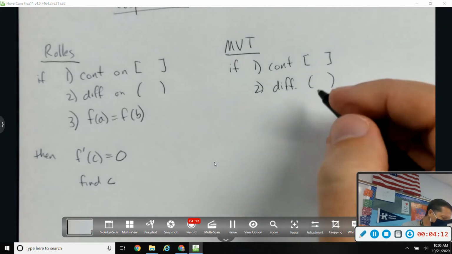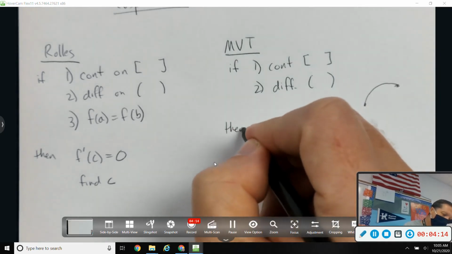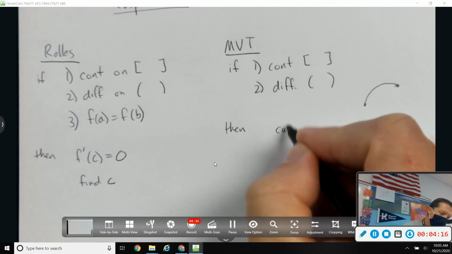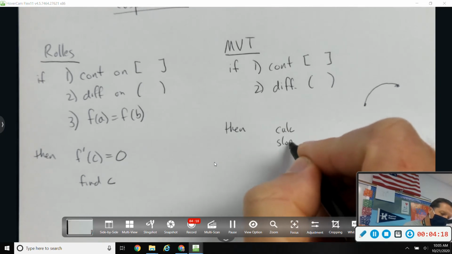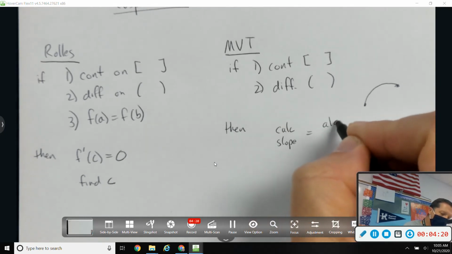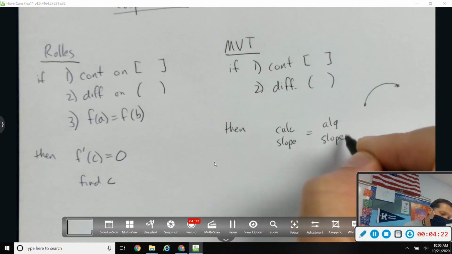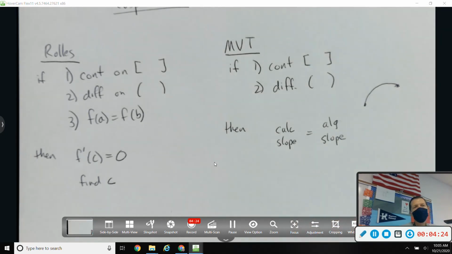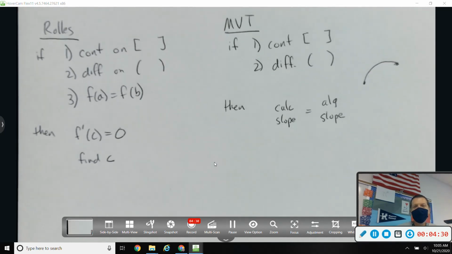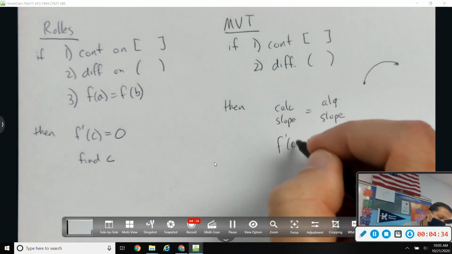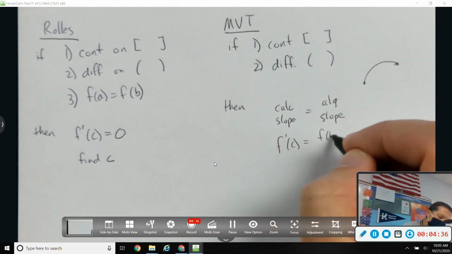The conclusion is, so if that's true, the conclusion is, in words, the calculus slope equals the algebra slope. The instantaneous rate equals the average rate. And I'm thinking about Dwayne "The Rock" Johnson again. So f prime of c equals good old algebra.